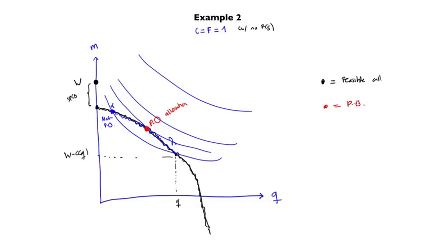Now, why is that the only one? Well, because it's the only point that doesn't have this feature that I can find another allocation that is feasible and makes the consumer better off. Now, two comments. In this particular example, we can still worry about Pareto optimality even if there is only one consumer. And the key trade-off here is that Pareto optimality also tells you something about the optimal level of production.